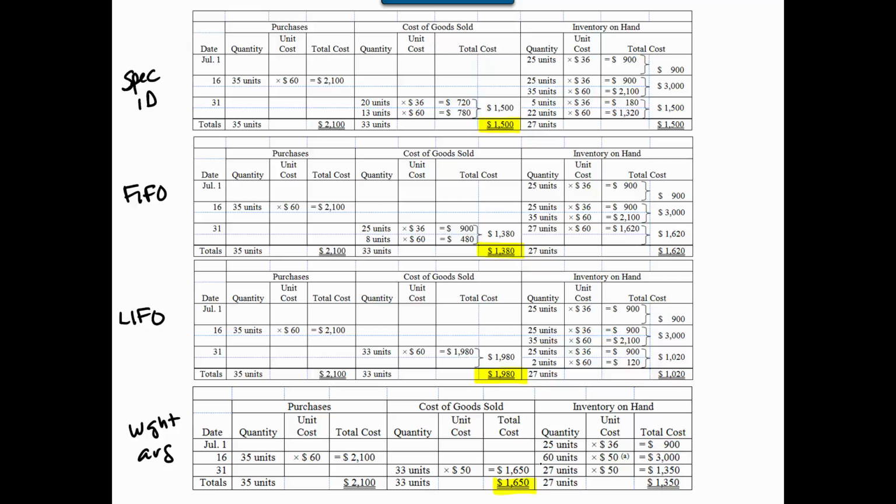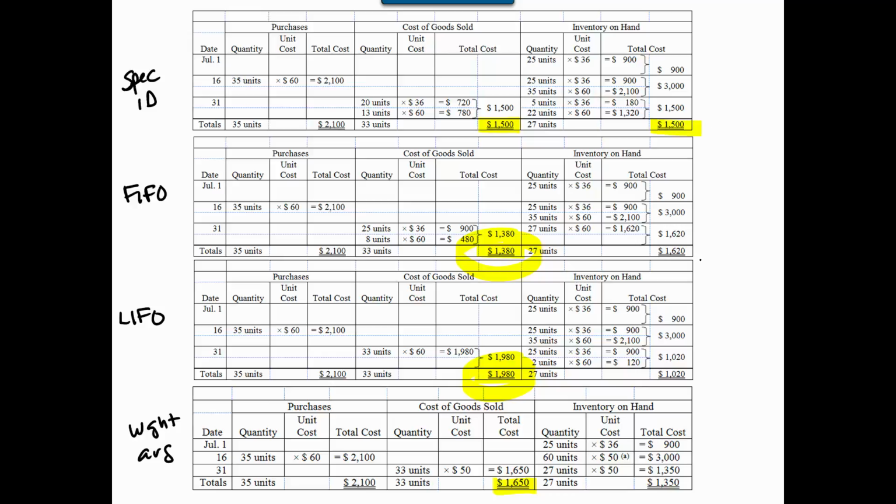Because this cost jumped up a lot, right, from 36 to 60, the higher the costs are rising, the bigger the difference you're going to see here in the cost of goods sold between the methods. The more inventory and the faster prices are going up, the bigger the difference you're going to see here.